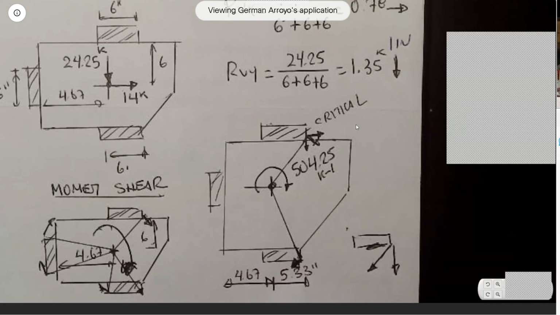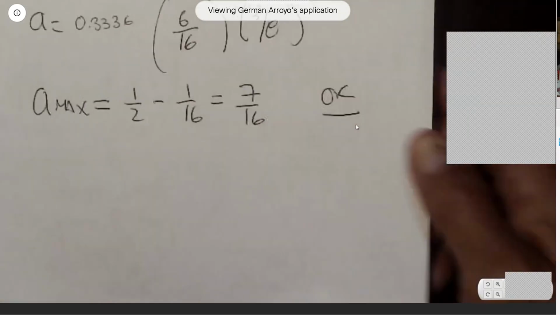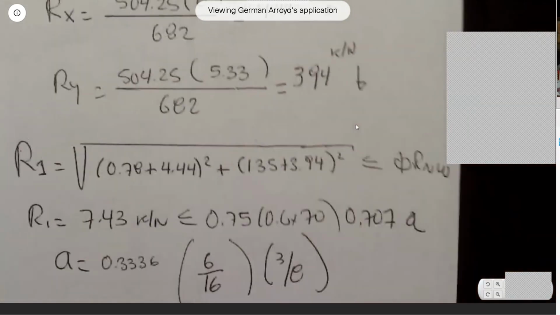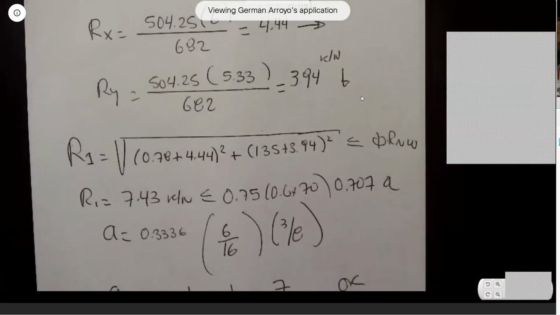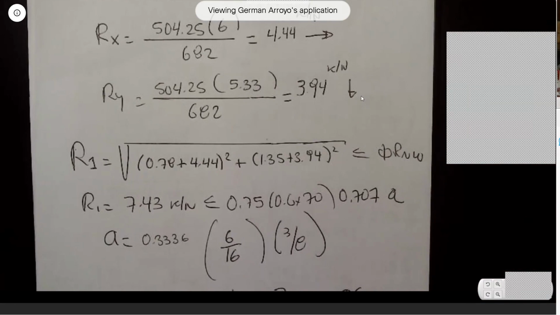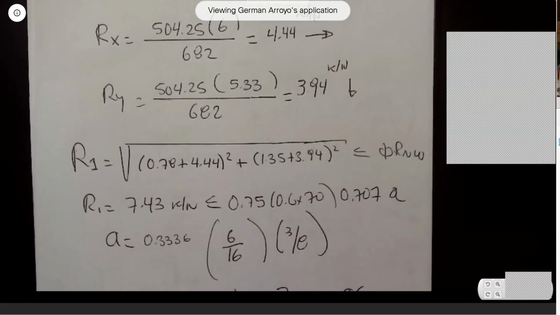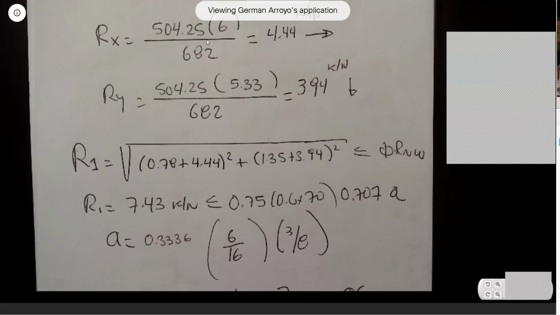Going to the next page. This is page 20. And in page 20, this is the moment that we just computed. The X component uses the Y dimension, and this is I_x plus I_y.